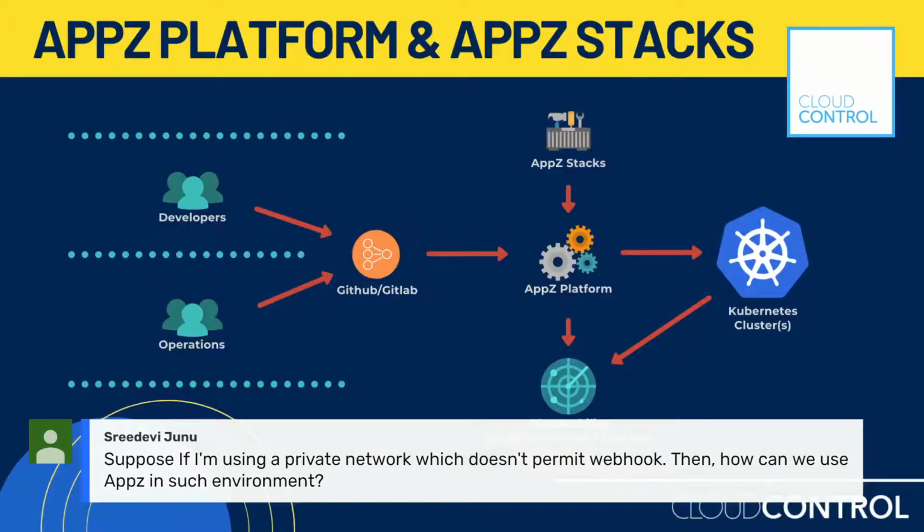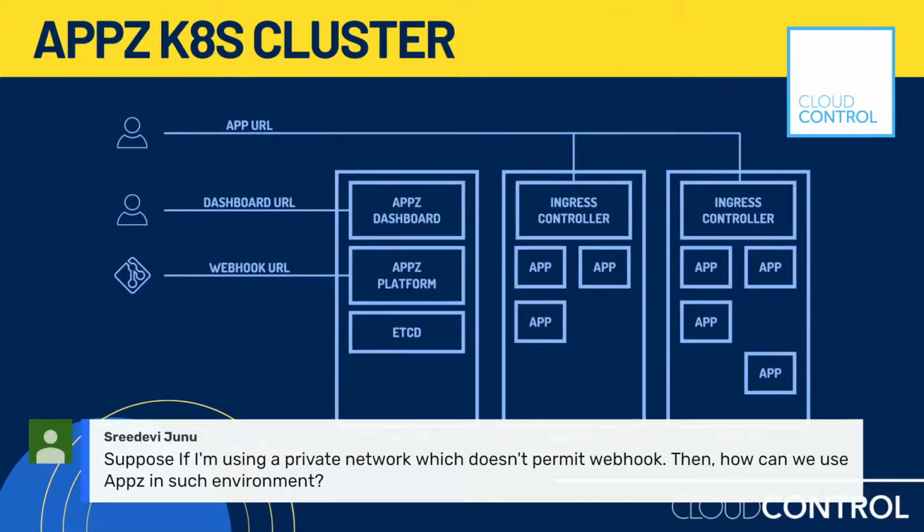So our solution is that on our platform, we also run what we call the Git poller and image poller, and depending upon how you want your artifacts to be pulled, directly from the Git or directly from a build repository like Artifactory or Nexus, we have both the images.